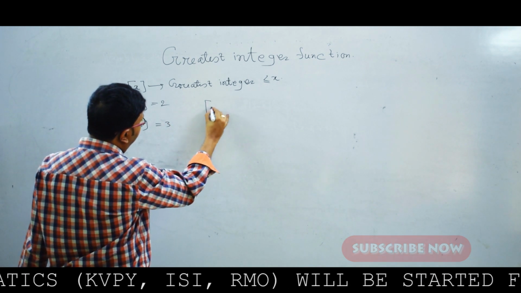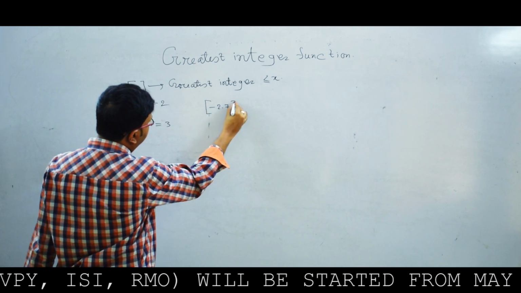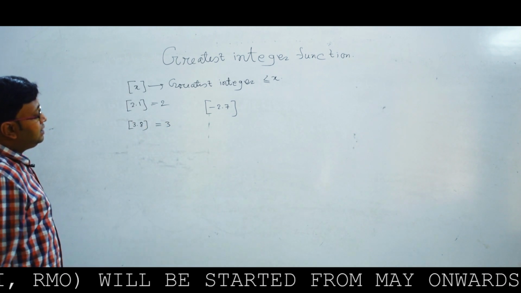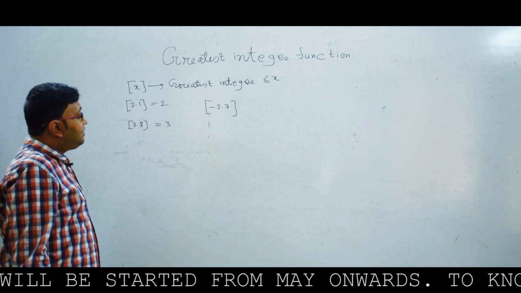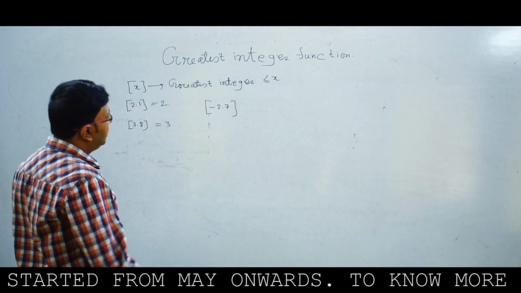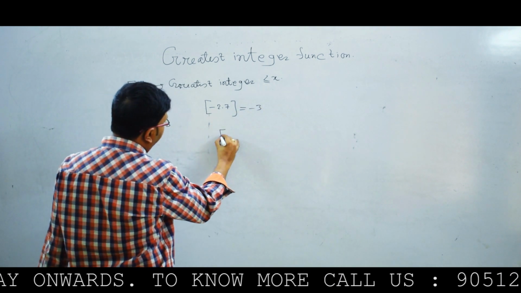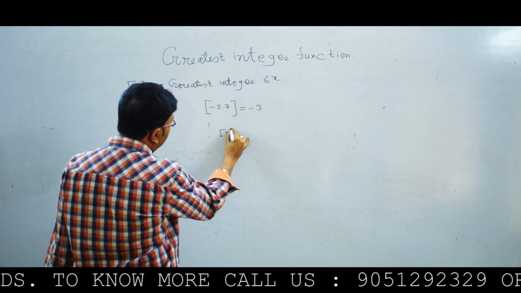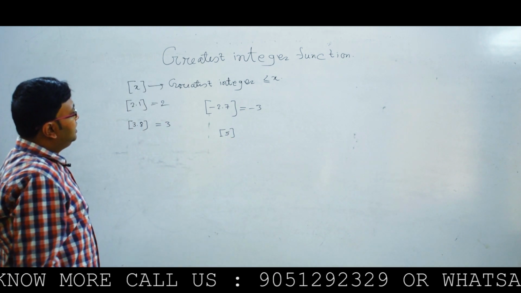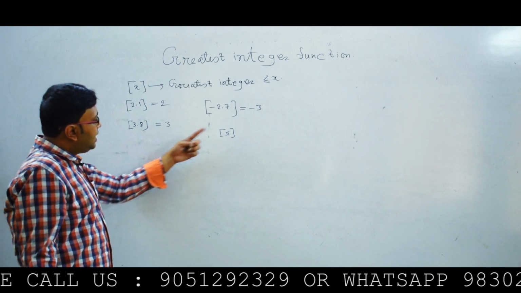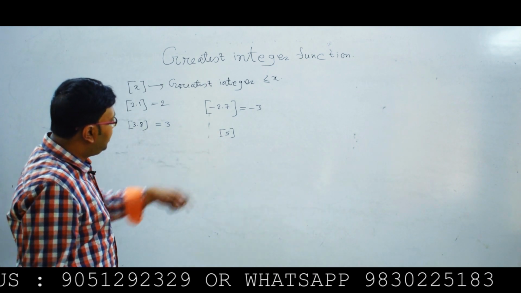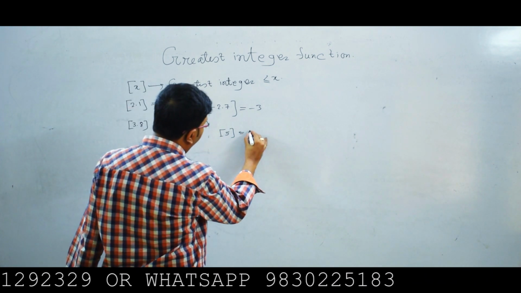Suppose minus 2.7. The largest integer less than minus 2.7 is minus 3. If it is 5, then the largest integer equal to this is 5, so it is 5.